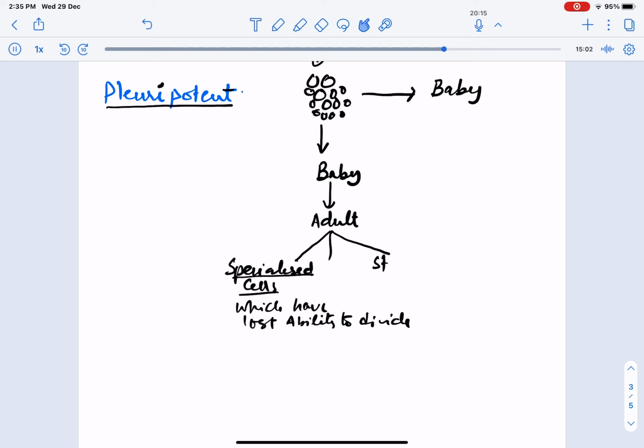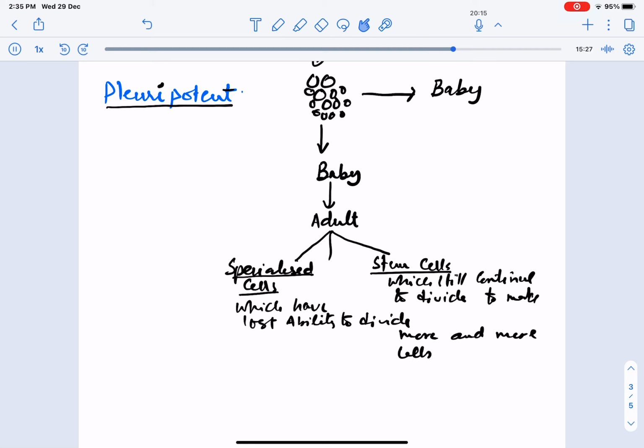And the others are stem cells, which still continue to divide to make more and more cells.